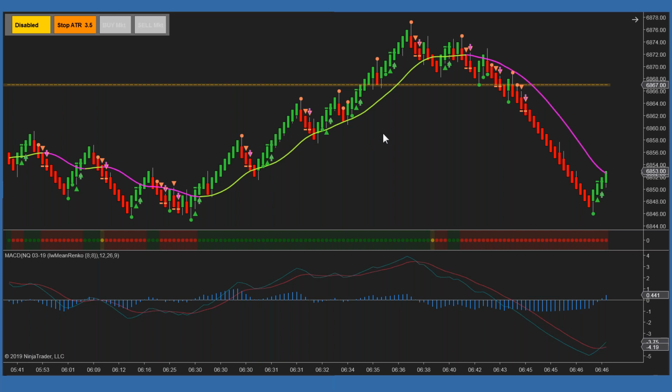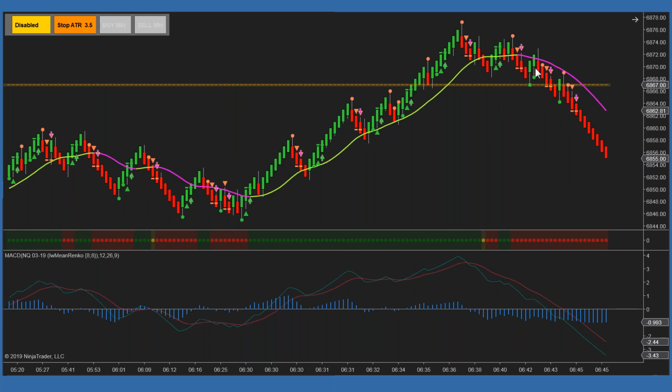And depending how you manage these, so here's the trend change signal right here. So this is where we're looking to get short. And if you had also taken the buy signal out of the open, where's the buy signal, right there?